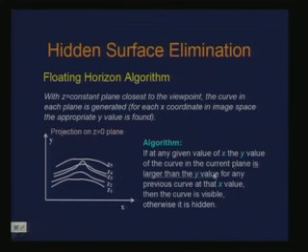Otherwise, it is hidden. So, for this part of the curve, it will turn out to be hidden. It is a very simple way of thinking, a very simple algorithm. Now, the question is, does it work always?